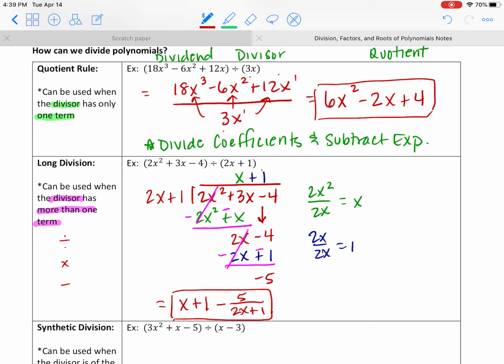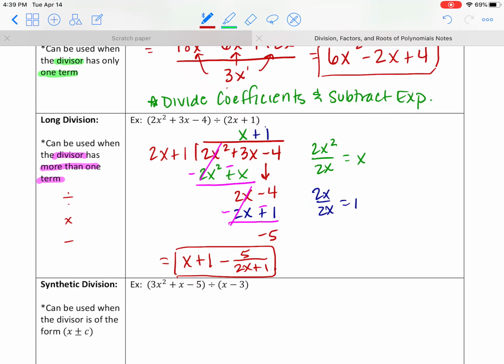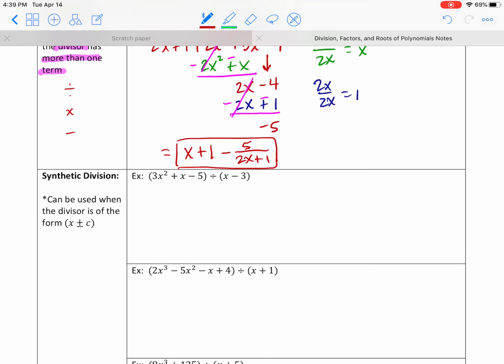Now, I might have mentioned this when we did the oblique asymptotes, but there is a shortcut to long division. I didn't show it to you before because it doesn't apply to every problem, but because we're going to be using this a lot, we want to be able to take a shortcut if we can. Synthetic division is a shortcut, but it only works when the divisor is of the form x plus or minus c.